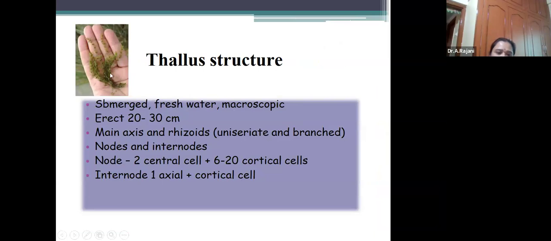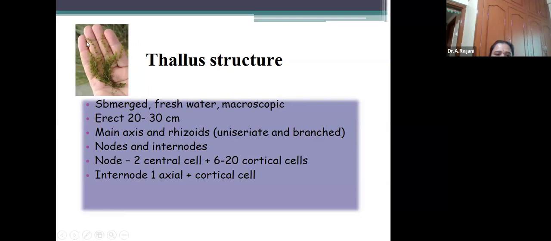At the bottom, you can observe the plant is attached to the substratum by rhizoids. The length of Chara is a minimum of 20 to 30 centimeters. The main axis is present, and at the bottom you can observe the rhizoids.